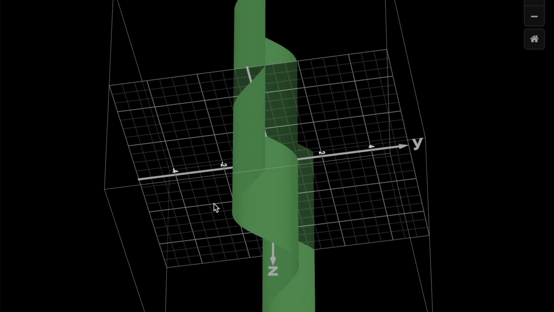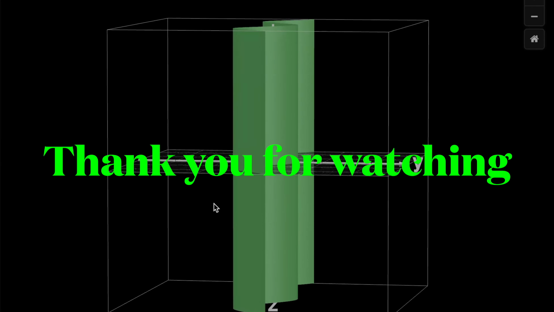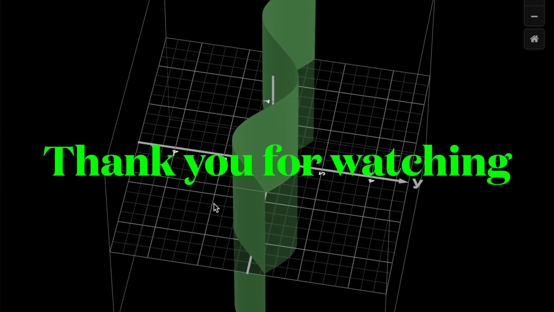You can see the clear structure of the sine wave and cos wave.